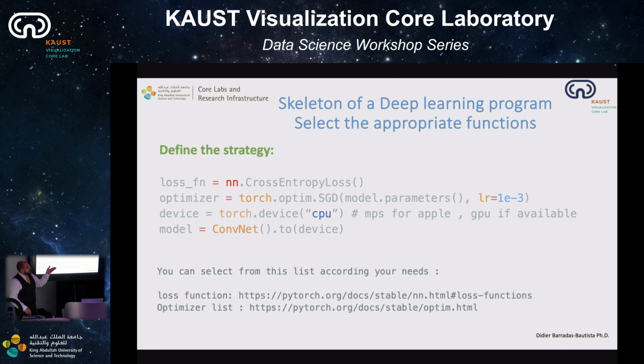We also usually have to tell what device we are using. It could be a CPU, could be your Mac. The thing that we have runs on Mac, on a normal CPU, or on GPUs, but GPU is better. You don't have to worry too much about what a ConvNet is; what you have to tell the code is to use the device I have, because that device is the fastest.